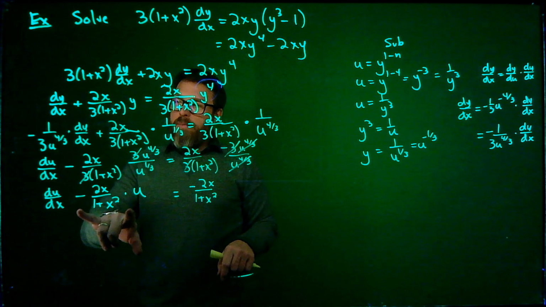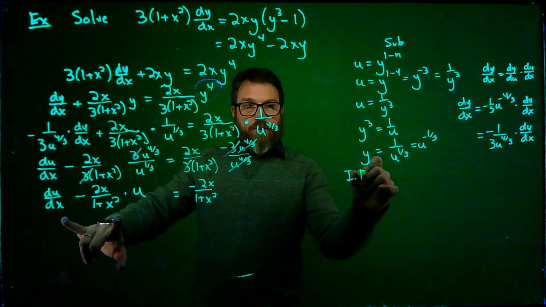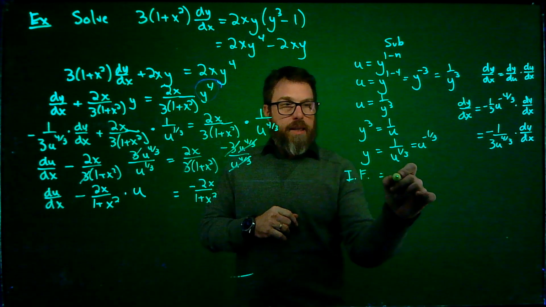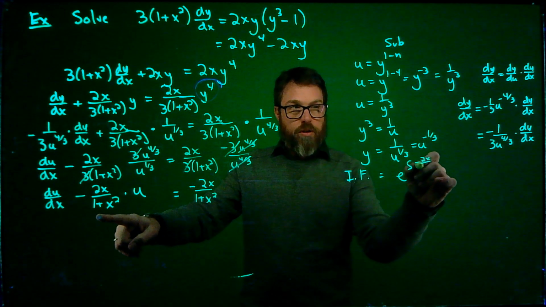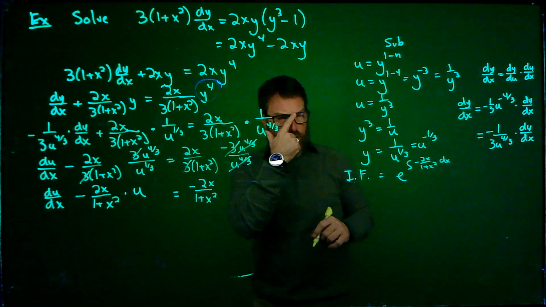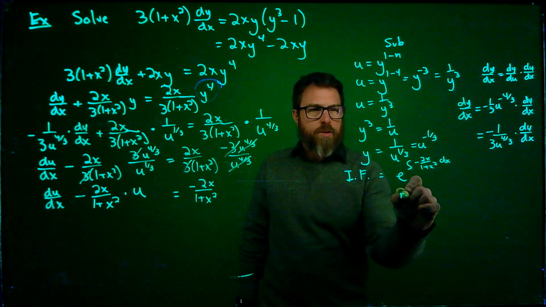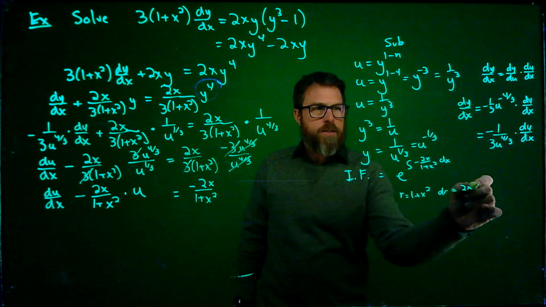So now I have to find the integrating factor. So our integrating factor is going to equal e to the minus integral of p of x, so it's going to be this coefficient function, 2x over 1 plus x squared dx. And I've got to make a substitution here. So let's say r is equal to 1 plus x squared. So then dr is going to be equal to 2x dx.